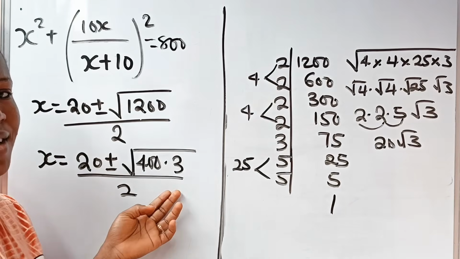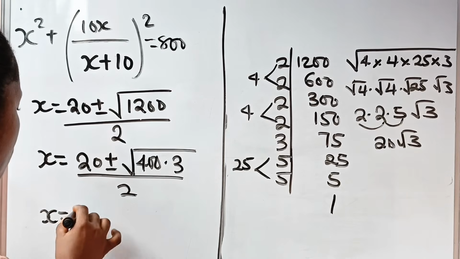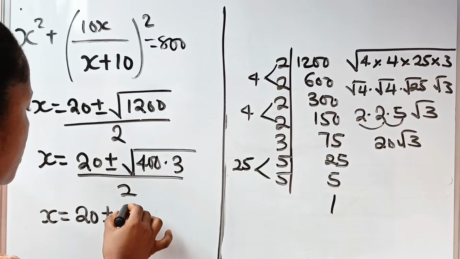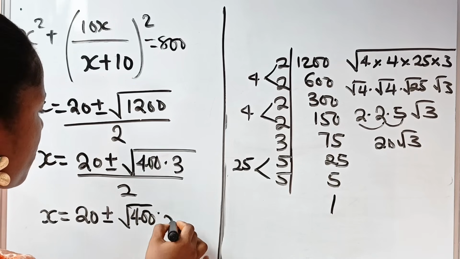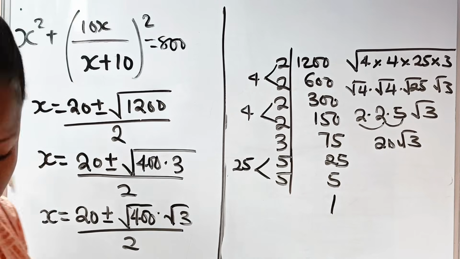So similarly, that's exactly what we will get here. We have x is equal to 20 plus or minus square root of 400 multiplied by square root of 3, divided by 2.